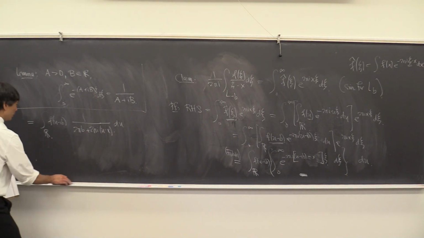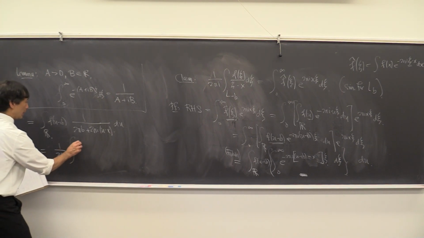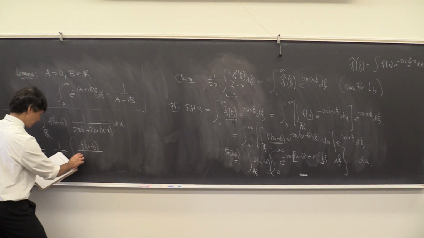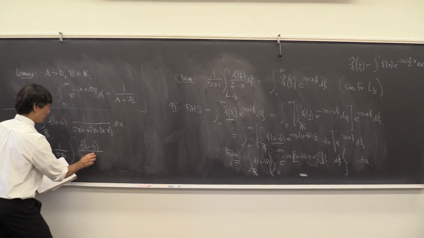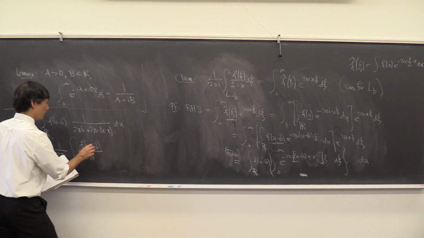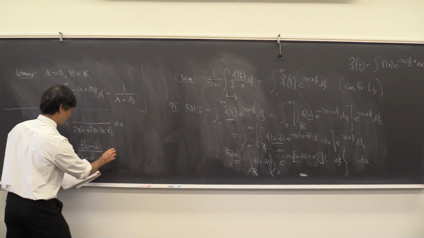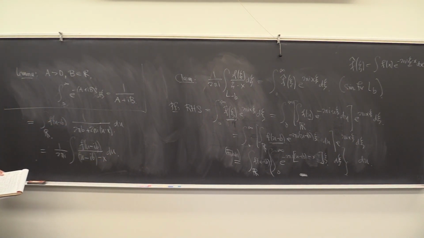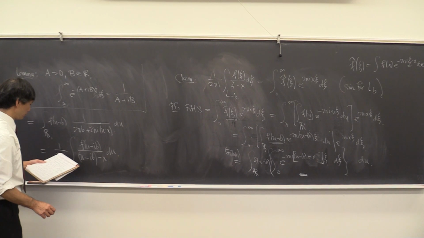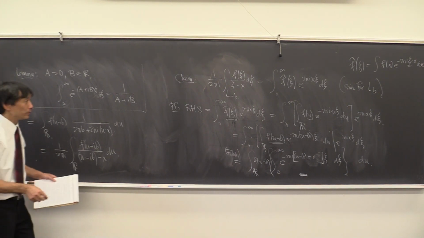If we factor out a 2πi out of the bottom here, we get f(u - ib) over u - ib - x du over R. And that is exactly what we wanted.